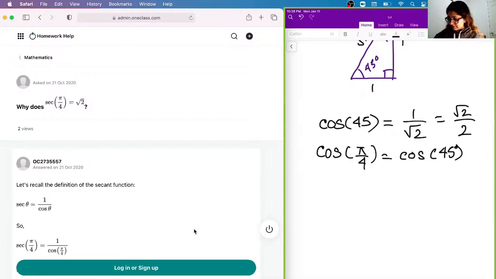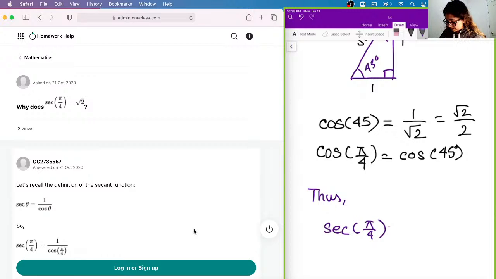And so thus we can say that secant of pi over 4 is equal to 1 over cos of pi over 4.